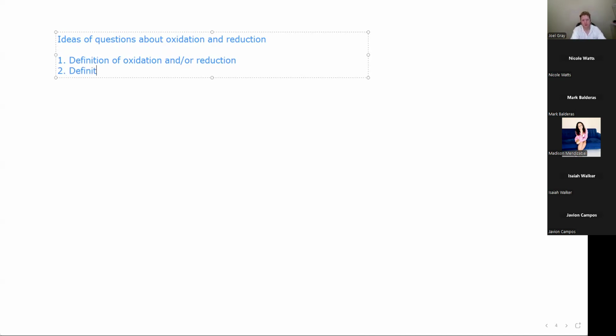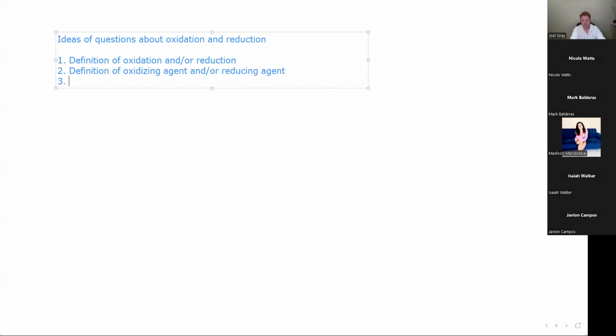Then, definition of oxidizing agent, reducing agent. Because those two questions are distinct from one another, you might be able to remember what oxidation or what reduction is, but you might get mixed up on oxidizing agent and reducing agent.